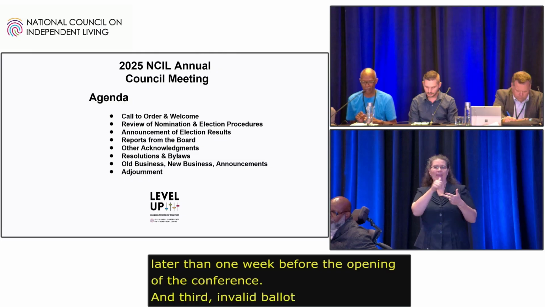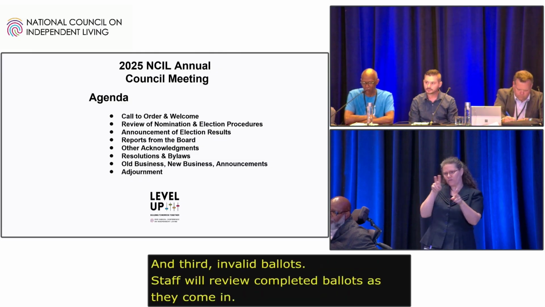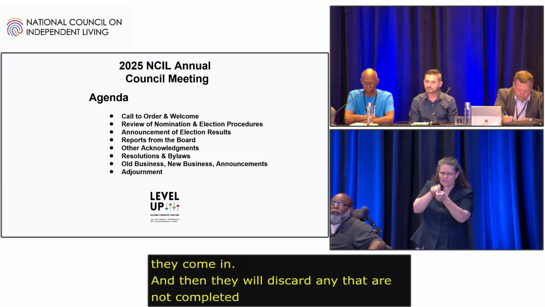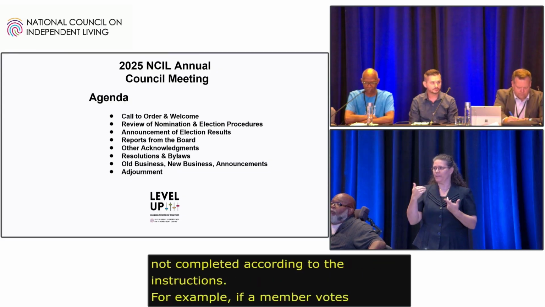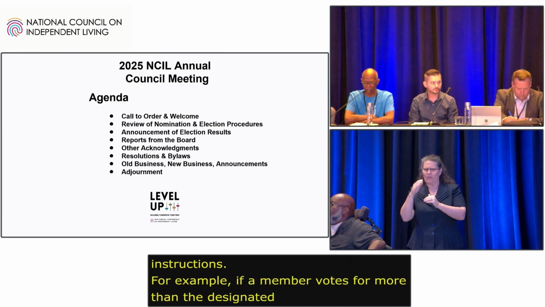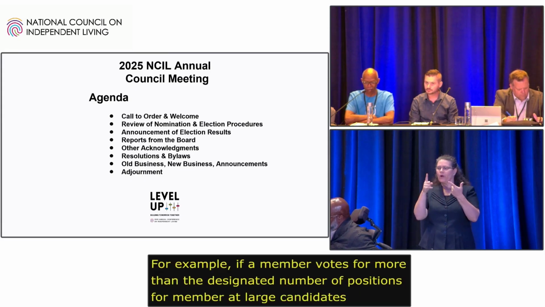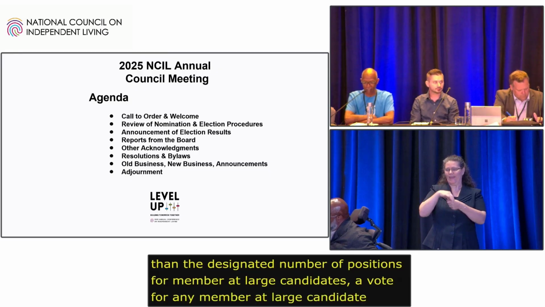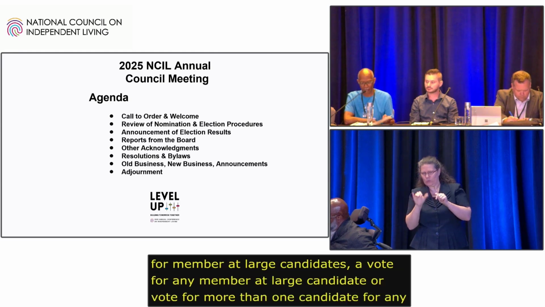Staff will review completed ballots as they come in, and then they will discard any that are not completed according to the instructions. For example, if a member votes for more than the designated number of positions for member-at-large candidates, or votes for any member-at-large candidate more than once, or votes for more than one candidate for any office of the DEIA committee chair.